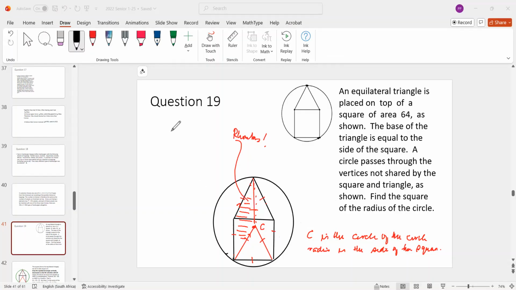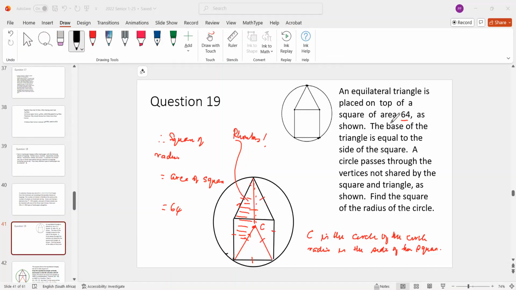So the square of the radius is equal to this, so it must be equal to the area of the square. Because this is equal to the side. And the area of the square is given, 64. So the answer to the question was staring at you in the face.